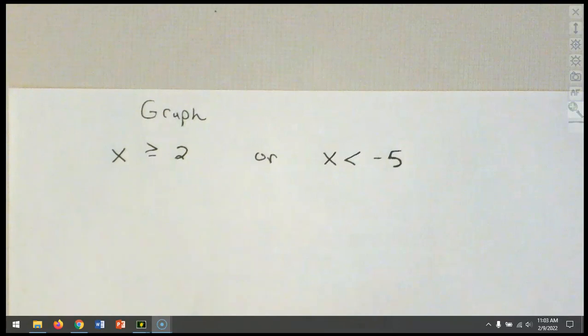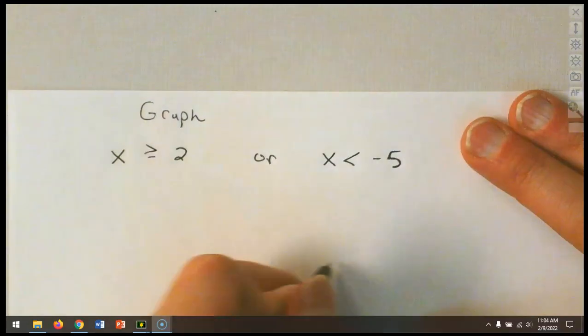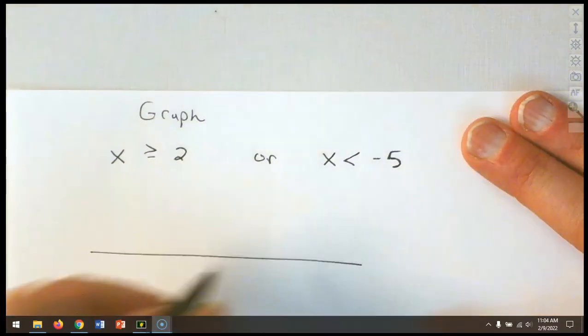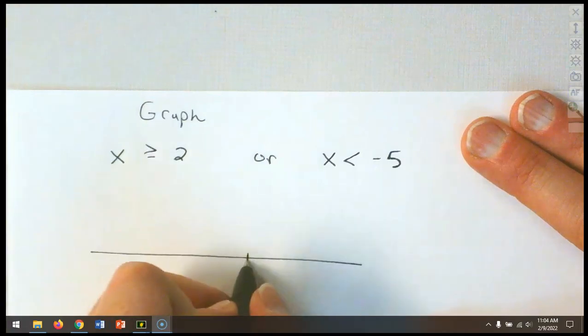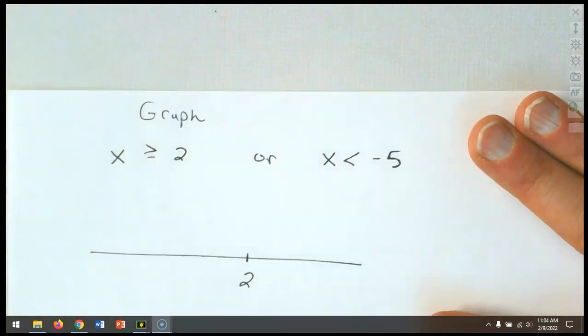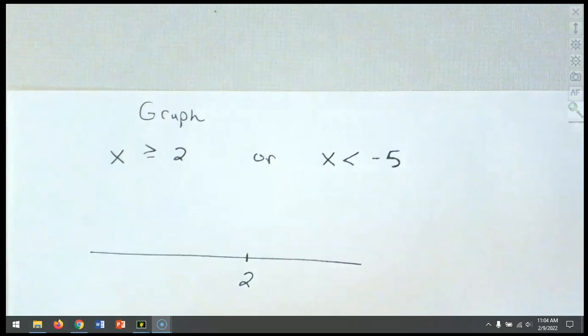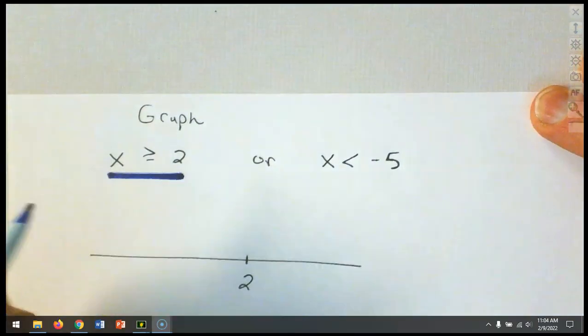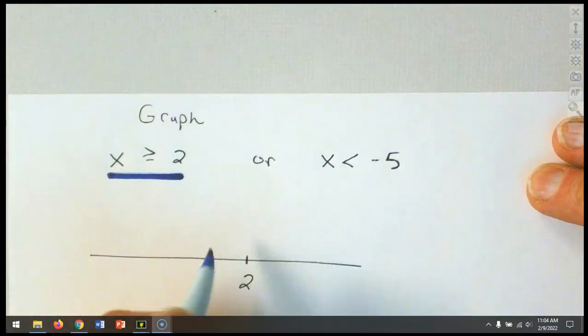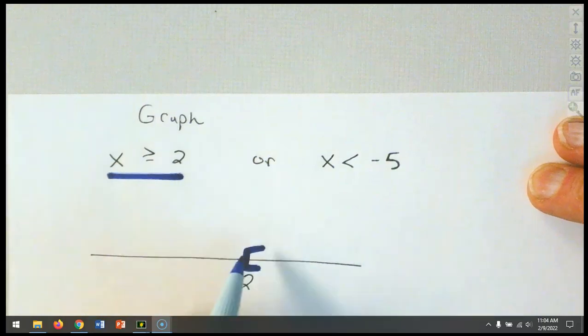So we've got x is greater than or equal to 2. So here's my 2. And in this case, this one is pointing to the right. So we're going to use a square bracket at the 2. And we're going to have to shade out to the right.